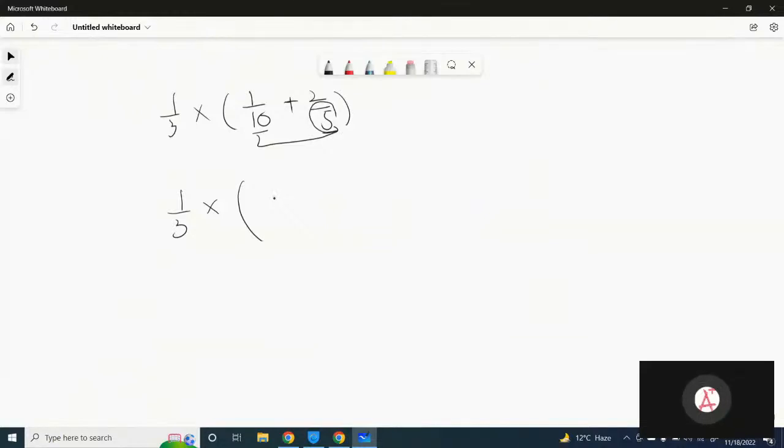You have to make the smaller denominator equal to the greater one. 5 times 2 makes 10, so you have to multiply this fraction by 2 to make its denominator 10. It would be 1 over 10 plus 2 times 2 divided by 5 times 2, which is 1 over 10 plus 4 over 10.